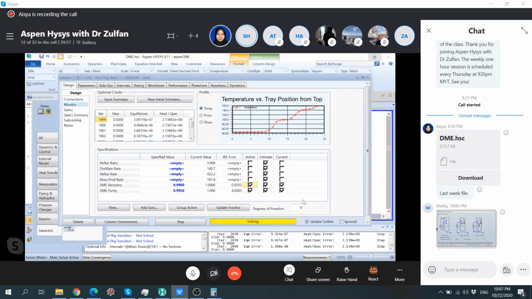So you can see the DME recovery is about 100%, and we said that we want only 99%, and then the purity of DME is also about 100%, while we want it to be 99.5. So it gives us already the best scenario that we can think of.